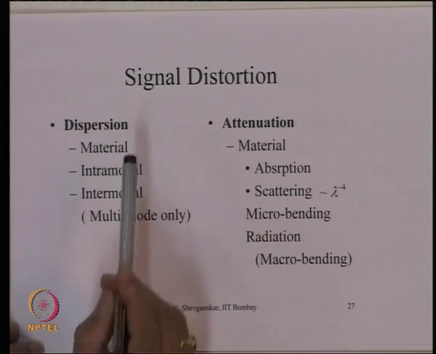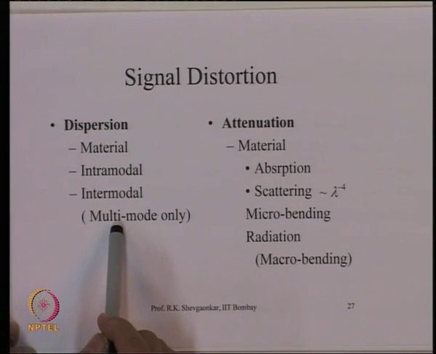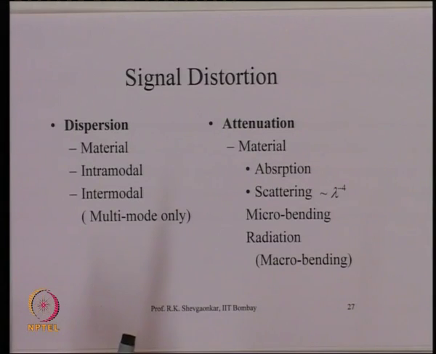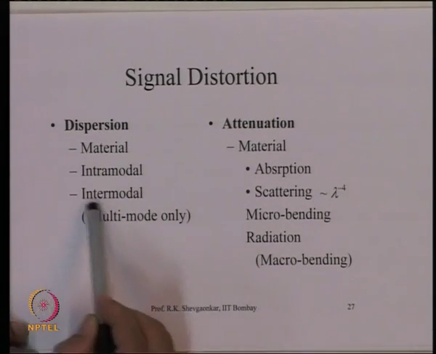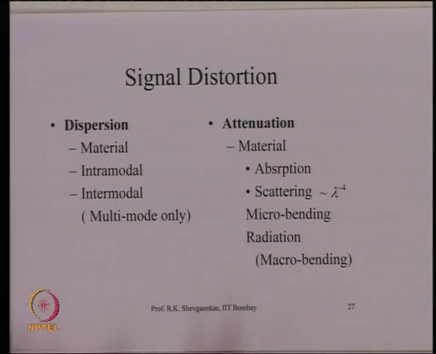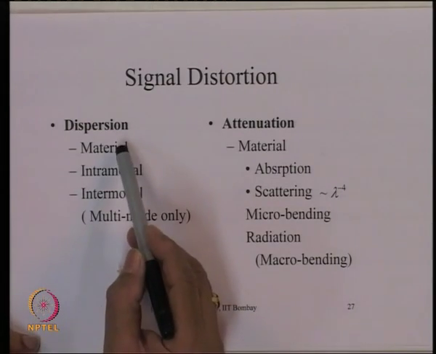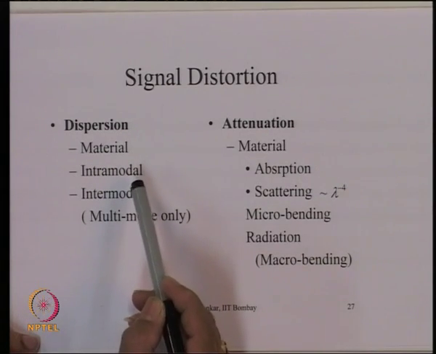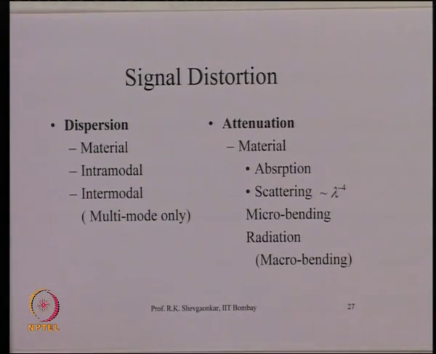Inside a single mode optical fiber, intermodal dispersion, that is because of propagation of different modes, is not present. So this dispersion is present only in a multimode fiber, whereas if you take a single mode fiber, then you have two dispersions. One is material dispersion, the other one is the intramodal dispersion.